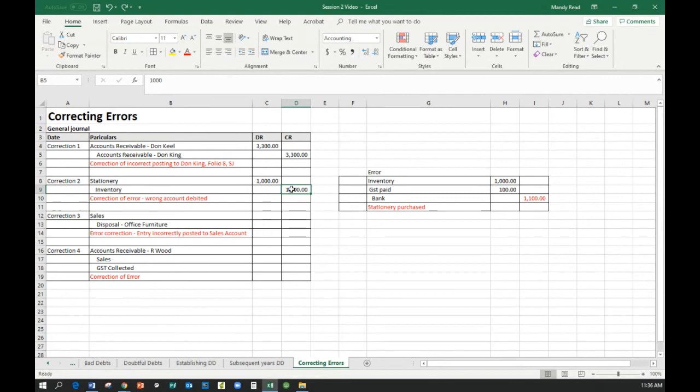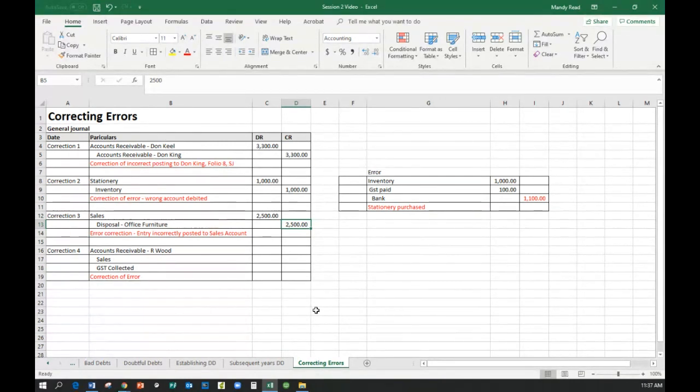So 2,750 minus the 250 GST gives you $2,500. We need to make sure that it is taken out of the sales account. And we know from chapter 14 that when we sell furniture, we don't put it in the furniture account, we put the proceeds into the disposal account. So $2,500 has to go into the disposal account.